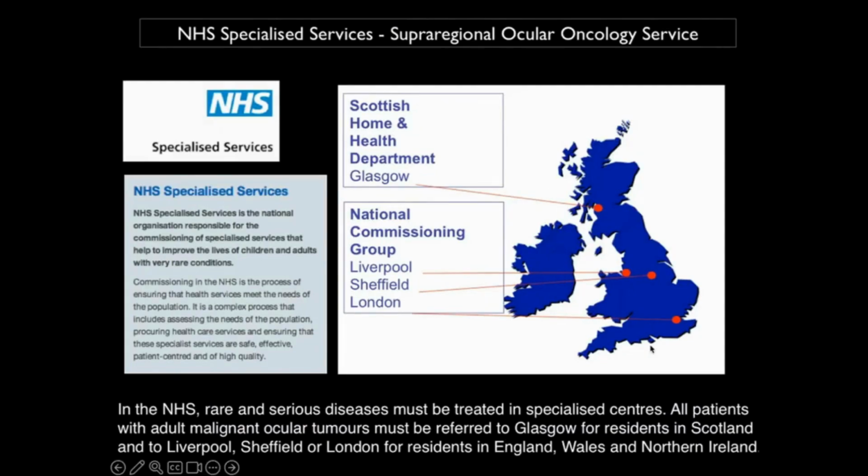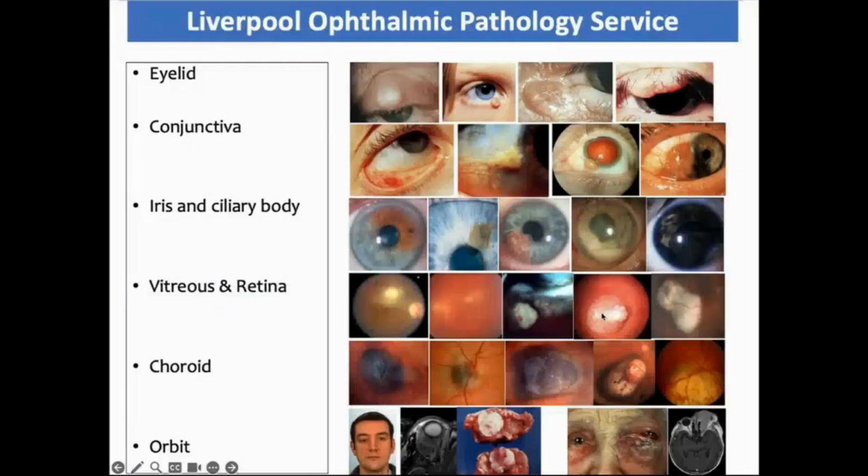So there are 3 ocular oncology centres in England, which are based in Liverpool, Sheffield and London, and running parallel to these are 3 ophthalmic pathology services. In addition, we have an ophthalmic pathology service in Glasgow and in Manchester, which is where Richard was speaking from just now.